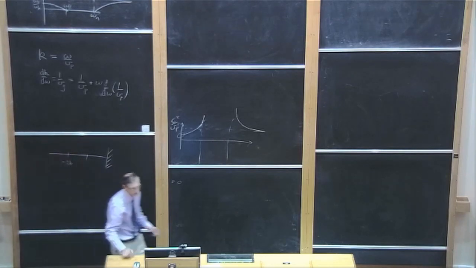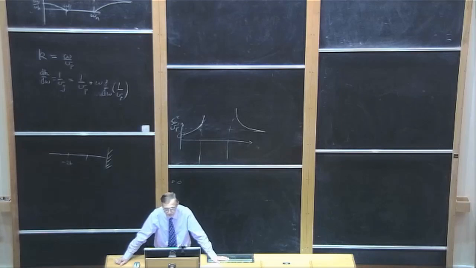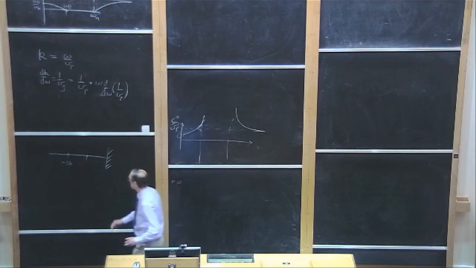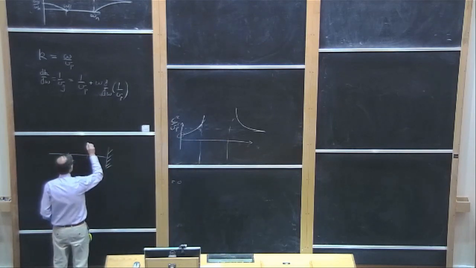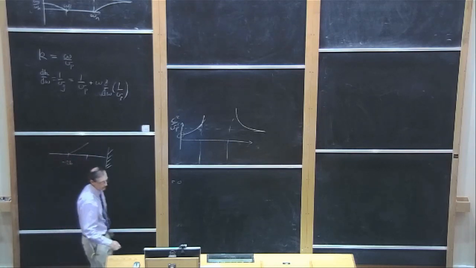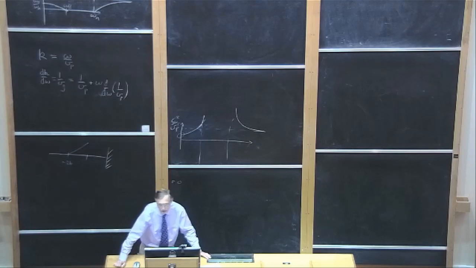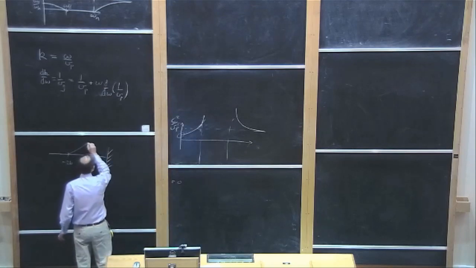It's then a 2b minus x. There. And then it's there.